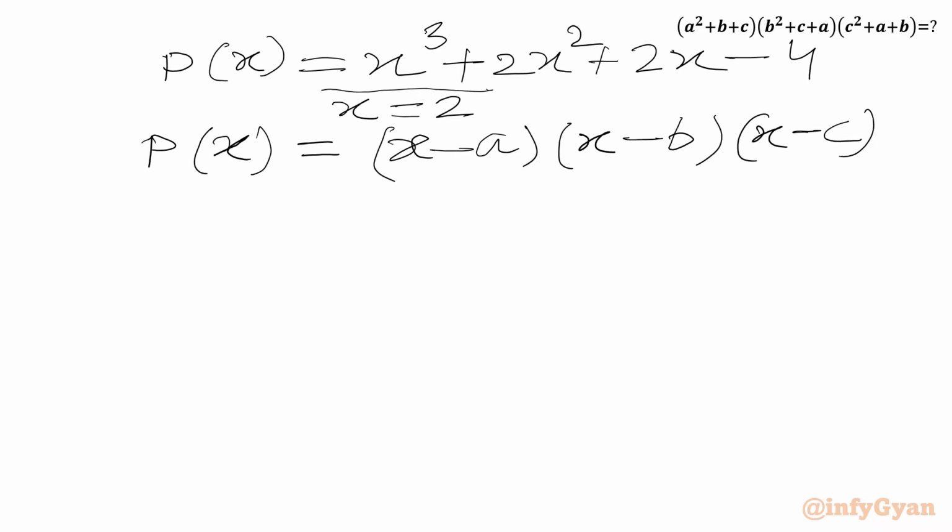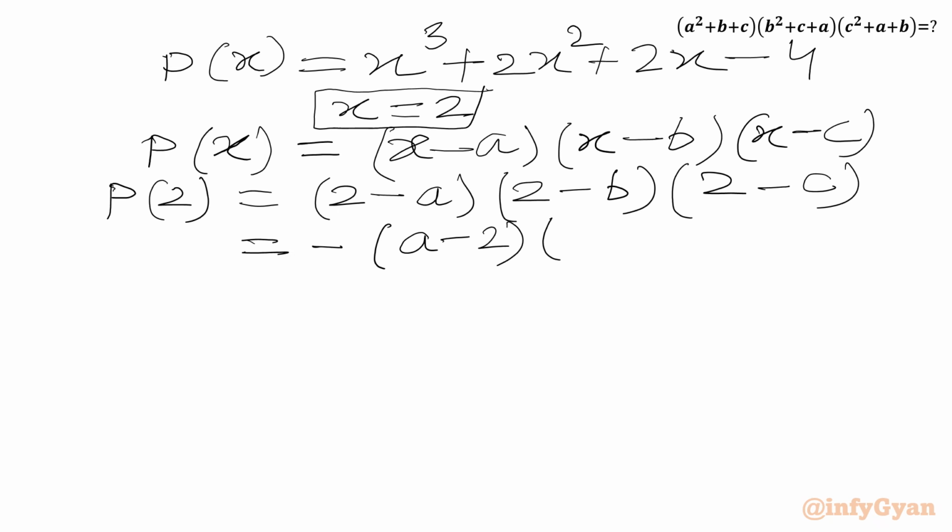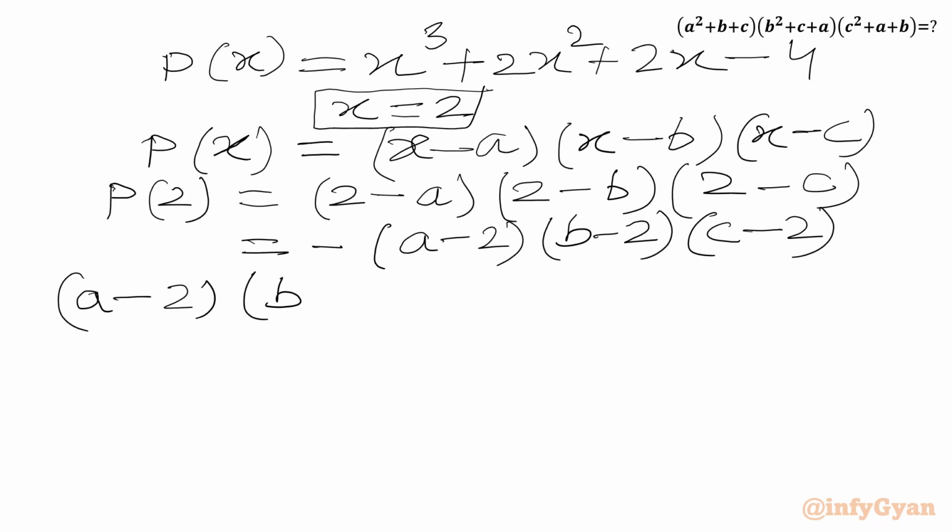Let's plug in x equal to 2. We will get P of 2 equal to 2 minus a, 2 minus b, 2 minus c. We are going to take minus common from each of the brackets. We will get minus of a minus 2, b minus 2, c minus 2. So from here we can write a minus 2 times b minus 2 times c minus 2 will be minus of P of 2.